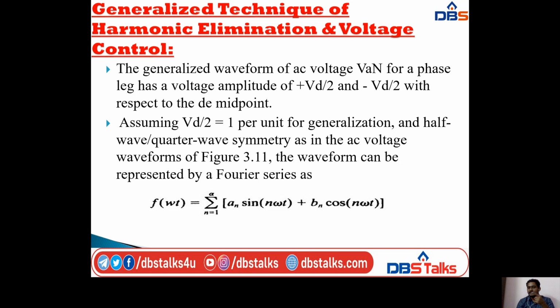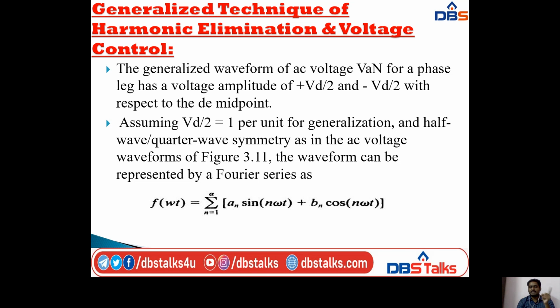If you take small n, it comes under the transformer neutral connection. But here I am taking capital N, which means it is the neutral DC midpoint. Okay. Next, assuming Vd by 2 is equal to 1 per unit for generalization and half wave or quarter wave symmetry as in the AC voltage waveform of figure 3.11, that is nothing but PWM converter operation.